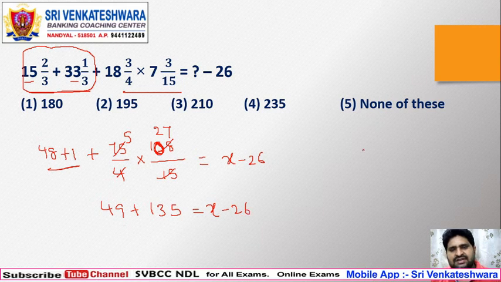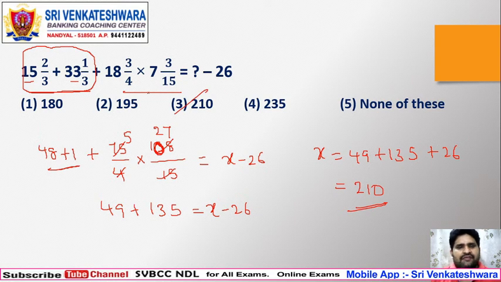This 26 also I'll take to this side. So in total I'll get 49 plus 135 plus 26. 49 plus 26 will be 75, and 75 plus 135 is 210. I'll repeat: 15 plus 33, 48, 2 by 3 plus 1 by 3, 1, 48 plus 1, 49 this part.